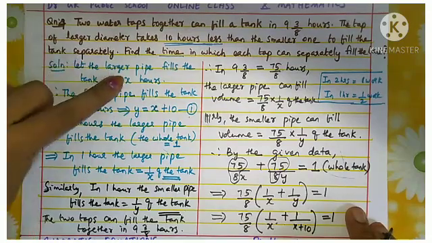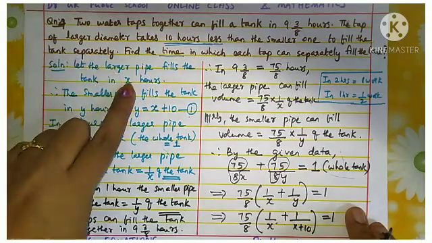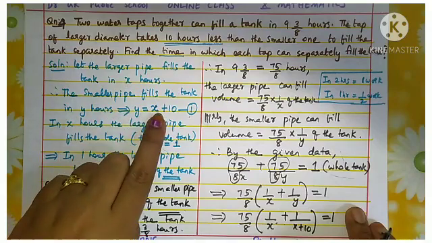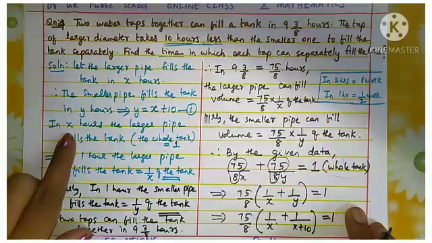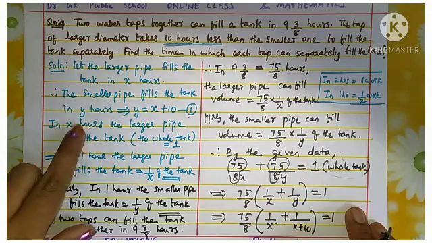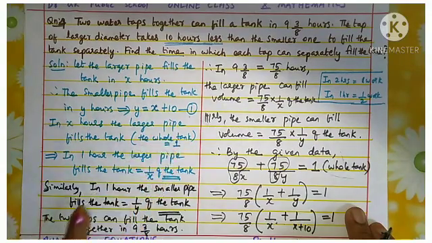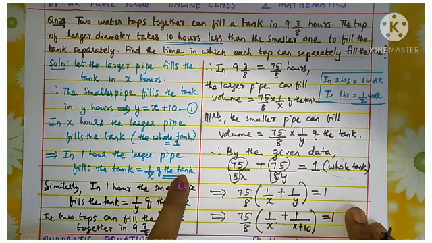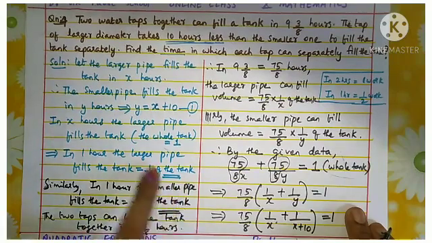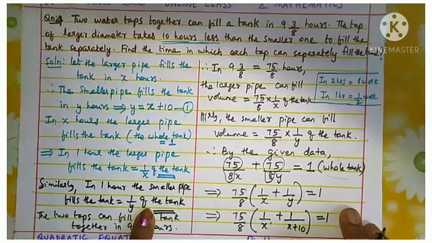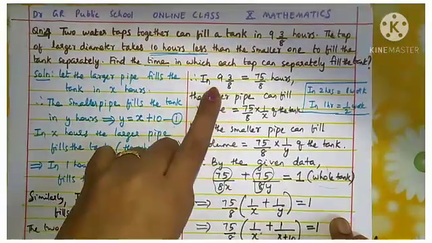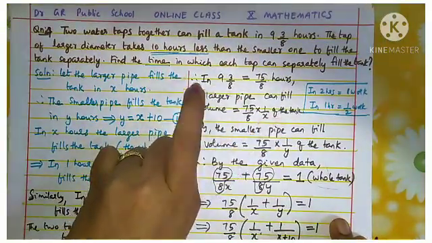You are taking the larger pipe as x hours, so that the smaller pipe is 10 hours more. Then we are assuming in x hours how much of the whole quantity is filled, so that in 1 hour 1 by x of the tank and 1 by y of the tank separately. Understand? And in the question it is given 9 3 by 8 hours for both the pipes.